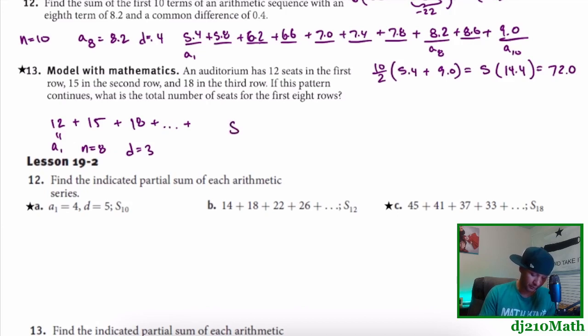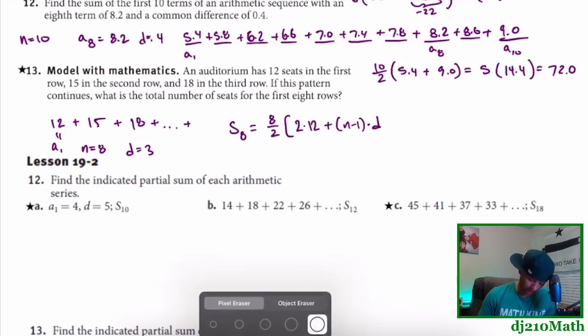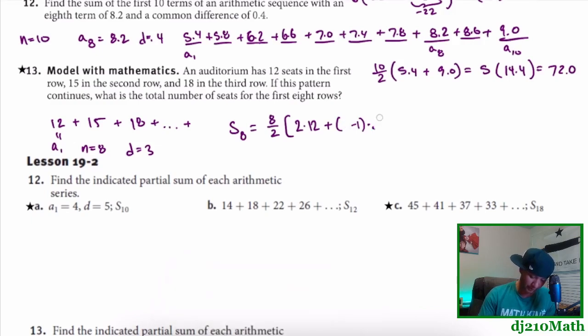Okay, so the sum of the first 8 terms is going to be n, which is 8, divided by 2, times 2 times the first term, which is 12, plus n minus 1 times the common difference. Let's put some values in: n in this case is 8, and the common difference is 3.